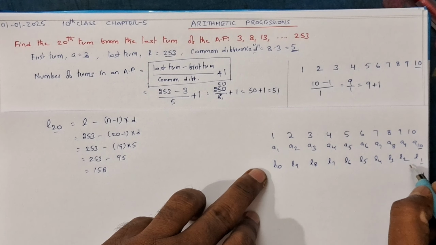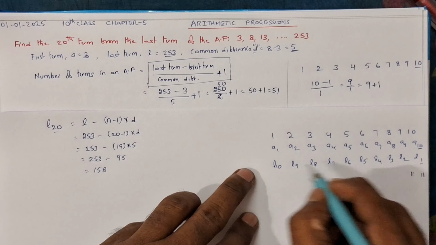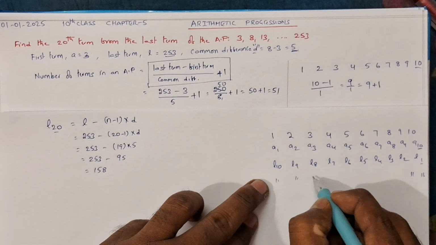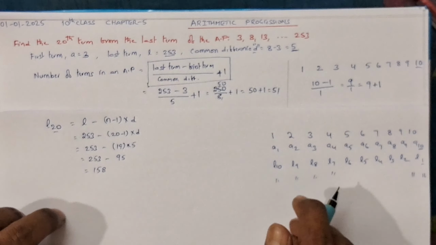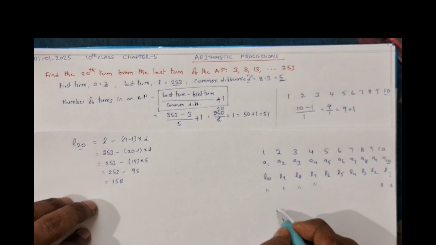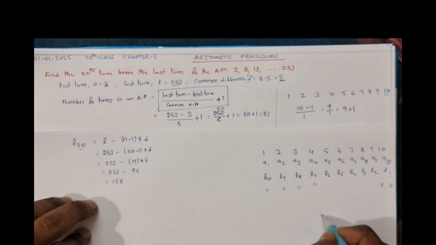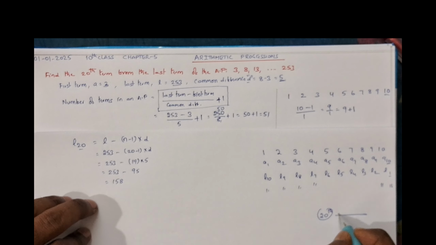Here 9 from the first and last two. So 11 terms are there. For everything, we need to add plus 1. Similarly, this is the 20th term from the last. From the first it will become how much?